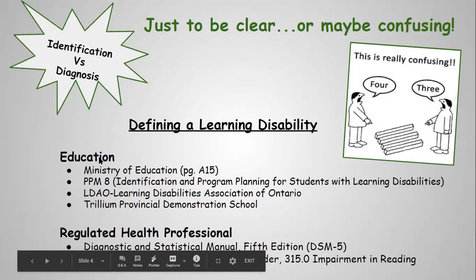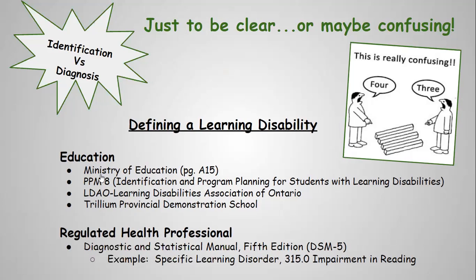So within education, we use the Ministry of Education document. On page 15, it describes what a learning disability is. We use PPM 8, and if you press on all of these, there is a link to each definition.